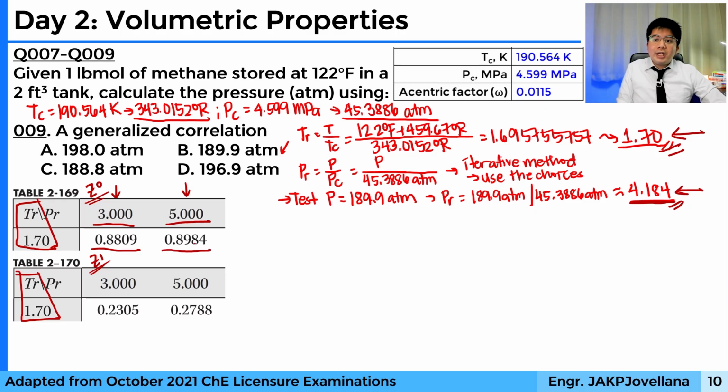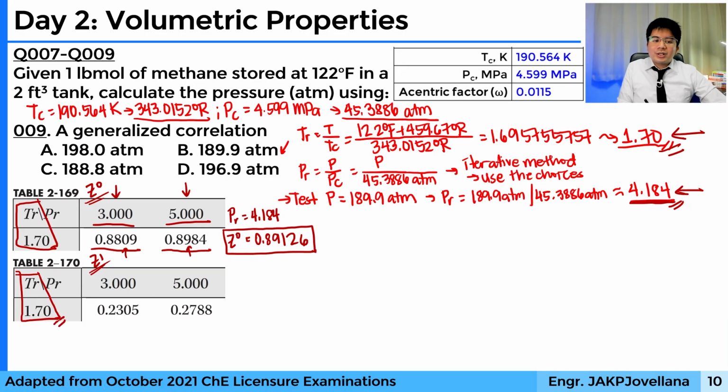So we can perform linear interpolation. So assuming our value of PR is 4.184, the value of Z0 is between 0.8809 and 0.8984. Performing linear interpolation, the value of Z0 from this table is 0.89126. Similarly, we can interpolate for the value of Z1.